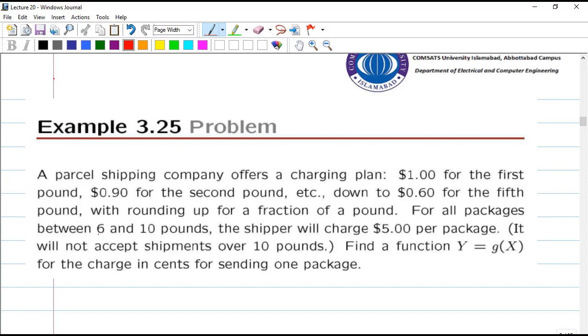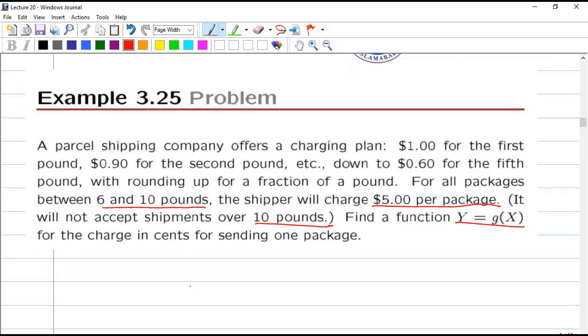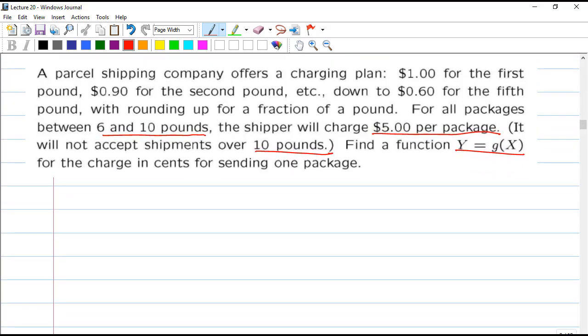For all packages between 6 and 10 pounds, above 5 pounds up to 10 pounds, the shipper will charge $5 per package. It will not accept shipments over 10 pounds, so we cannot send any parcel which is more than 10 pounds. Find a function y is equal to g of x for the charge in cents for sending one package. So we have to derive it step by step.